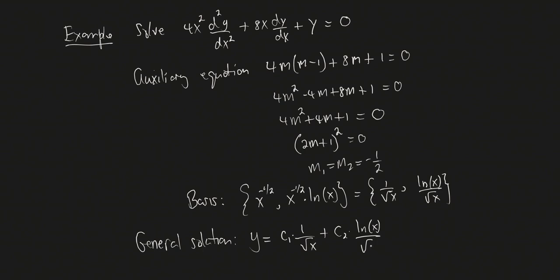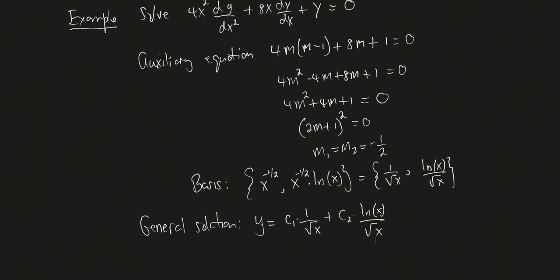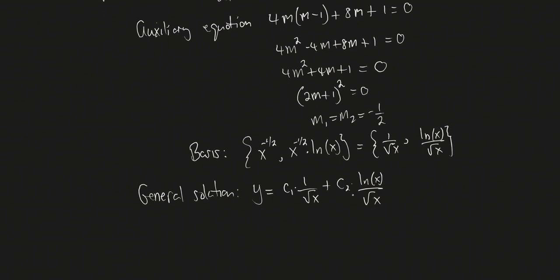And another way you can write this, which might help, for instance, when we have initial conditions and we have to solve for c1 and c2, and you'd have to do a derivative: since you have the same power function here, you can actually factor it out. So another way this can be written is 1 over root x, and then in parentheses the quantity c1 plus c2 times the natural log of x.